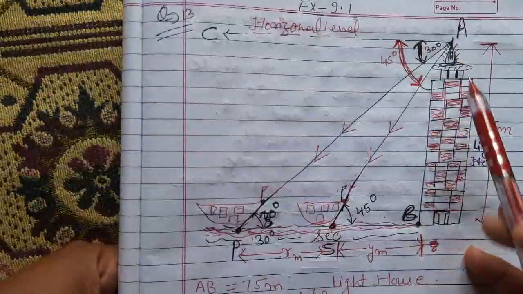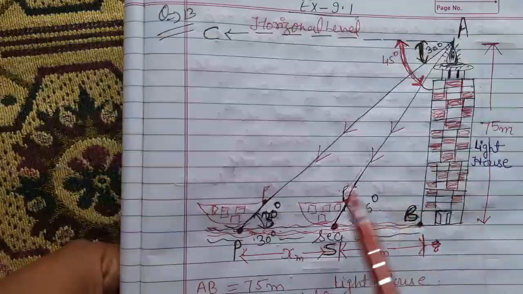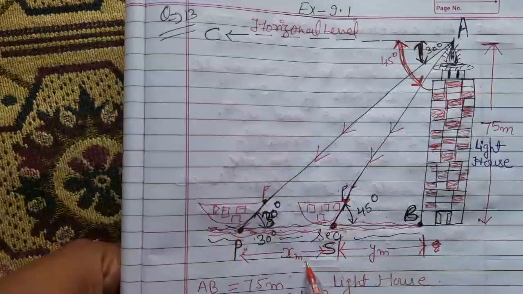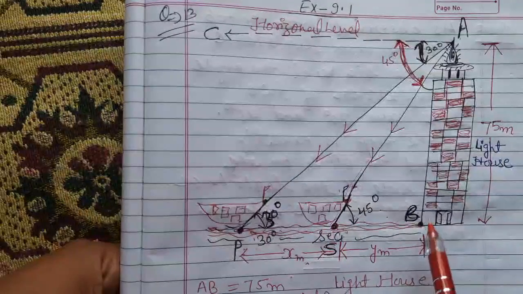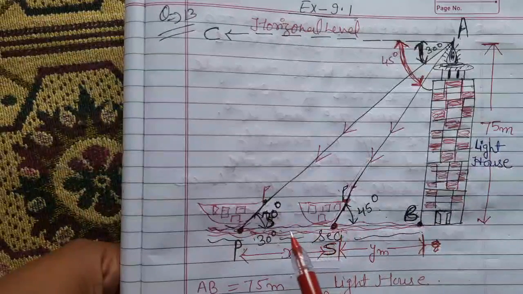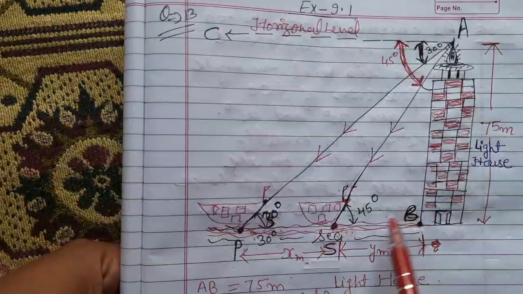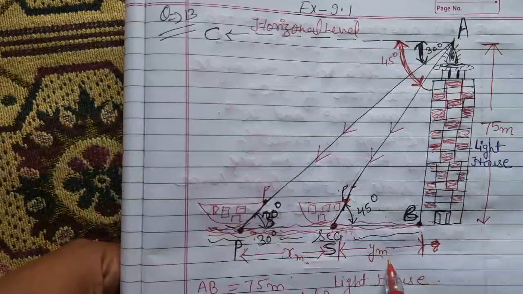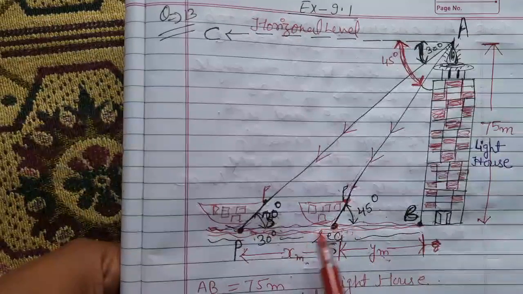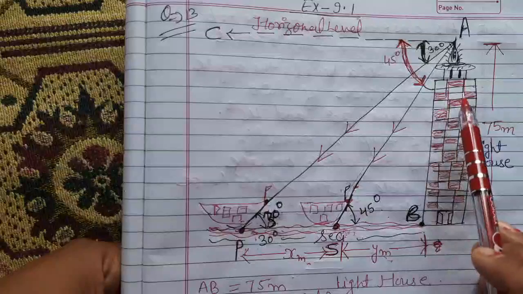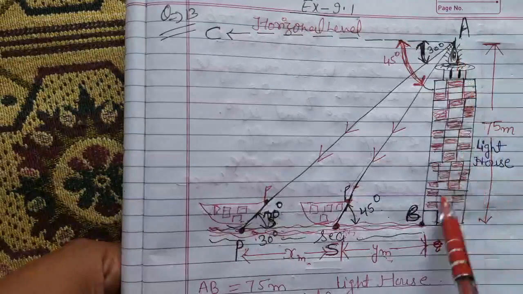So now AB is representing the lighthouse. This is sea level. The distance between the two ships we are considering as x meters. We are naming them ship 1 and ship 2. Ship 2 is at a distance of y meters from the lighthouse. So now we will apply tan theta in the right angle triangle ABS.